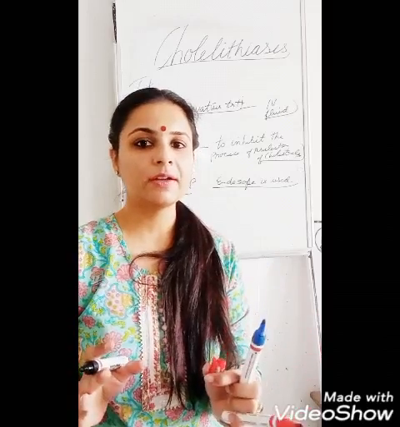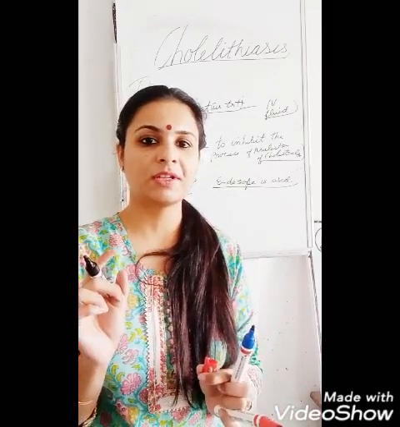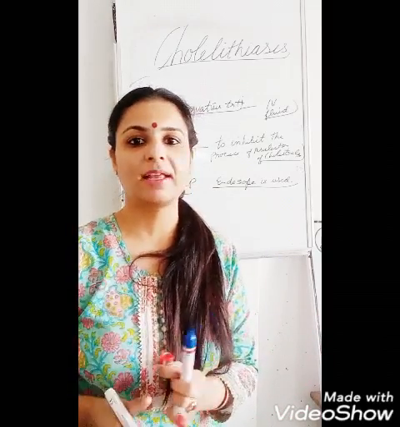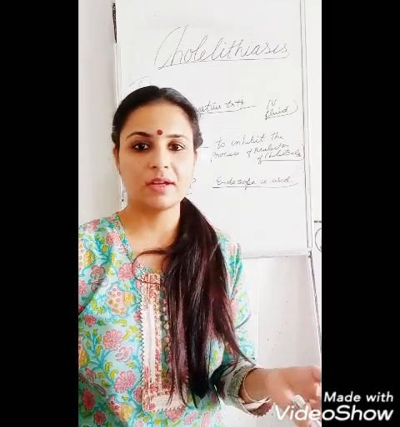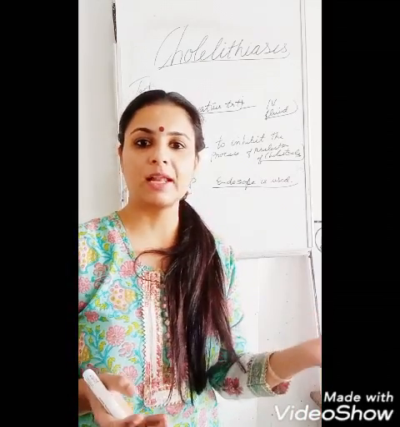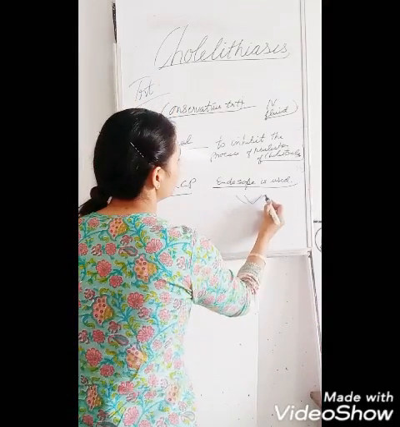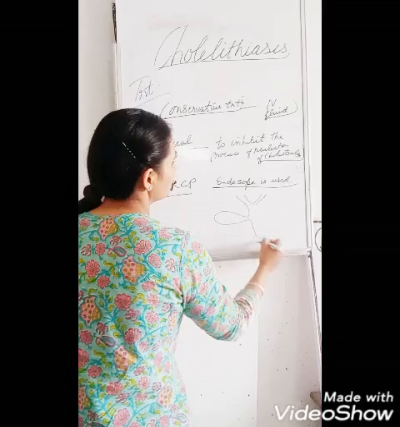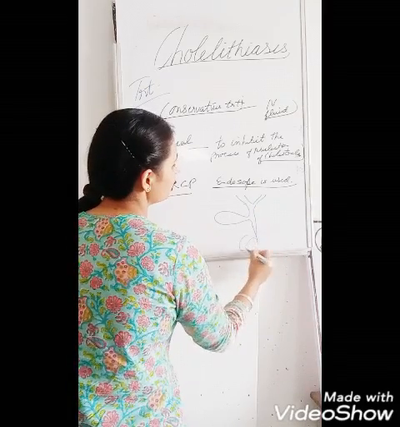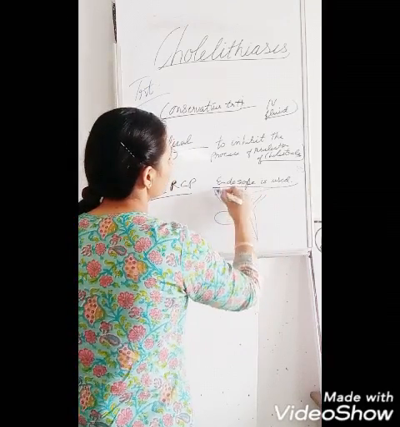Now the gallbladder has only one function, that is the storage of bile. So it doesn't affect digestion if the gallbladder gets removed. So this is the gallbladder. There is the duodenum here and this is the liver.